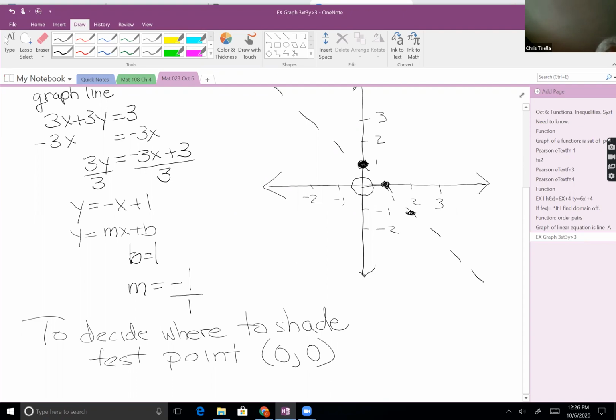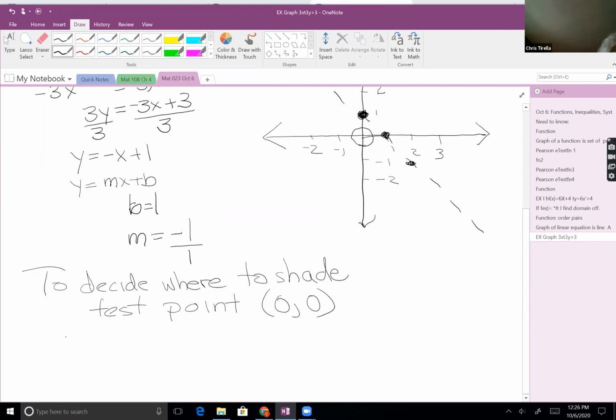So I'm going to test that in the original, which was that 3x plus 3y is greater than 3. So I'm going to put in 0 for x and 0 for y, which gives me 0 is bigger than 3.